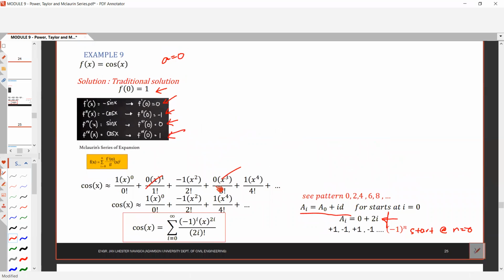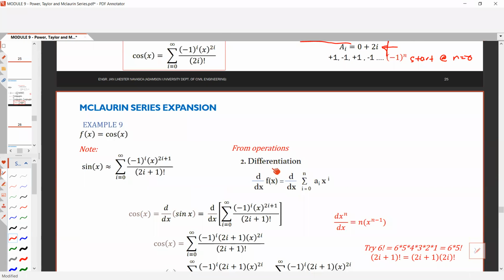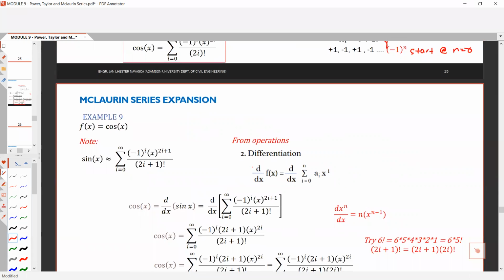If we use the basic operations, okay, so from operation number 2, the differentiation, we all know that the derivative of, so bago ka mag-start dyan, ano lang ba yung alam mong preliminaries? Ang alam mong preliminaries is sin x, e raised to x, and 1 over 1 minus x.